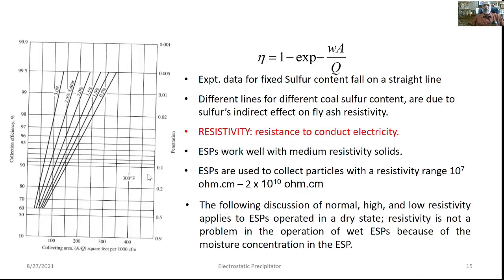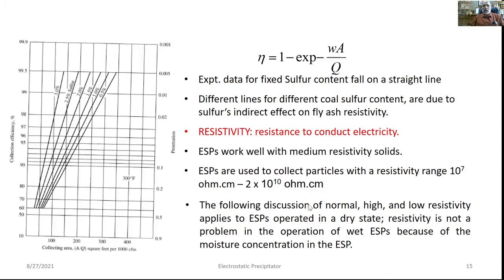These ESPs work well with medium resistivity solids. These are used to collect particles with medium resistance, having the value 10⁻⁷ to 10⁻¹⁰ ohm centimeter.